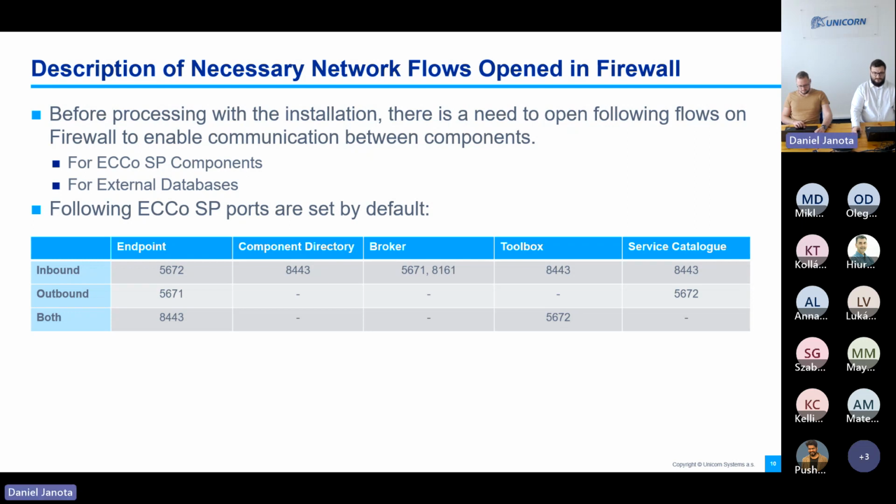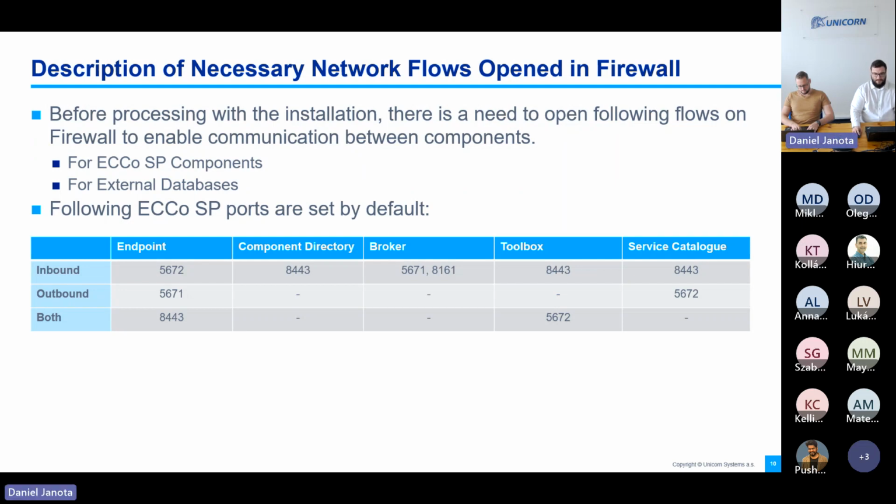In the case of the EDX toolbox, there are also 2 ports: 8443 by default, but if you're running ECP and EDX on the same server, it will be necessary to change this port to, let's say, 9443 or something like that, so there will be no collision with the ECP endpoint. And then also the port for the internal broker, 5672.